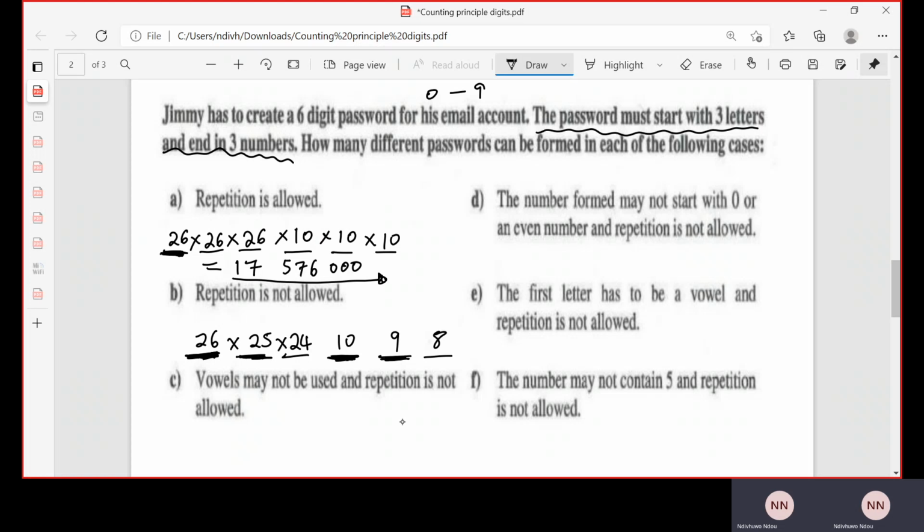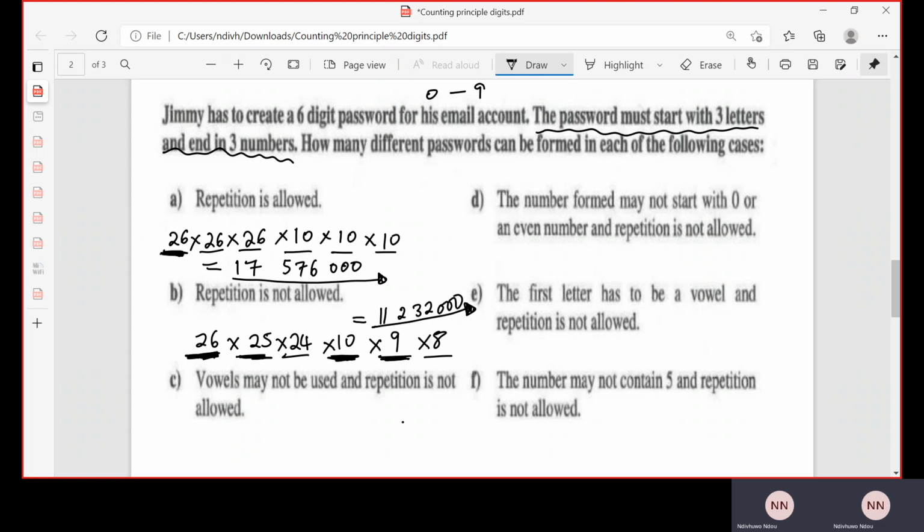So in total, we just multiply out those outcomes. Let's see, so it's 26 times 25 times 24 times 10 times 9 times 8. It will give us 11,232,000 passwords that can be formed.